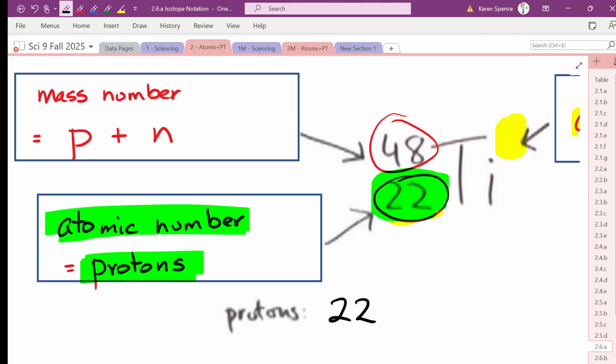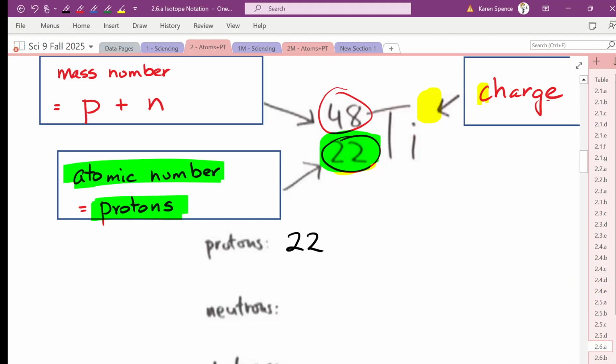Okay, that's all right. Next, we would like the number of neutrons, Malia. 26, and how did you get that? This was 48 minus 22. To find the neutrons, you can treat this like a little subtraction problem where you have one number written over the second number.